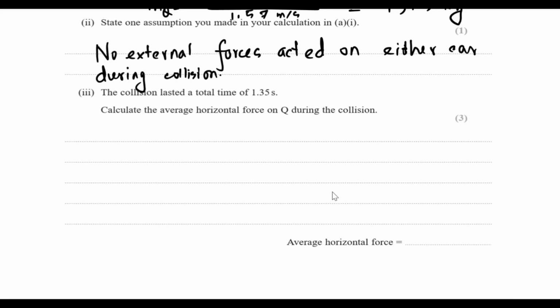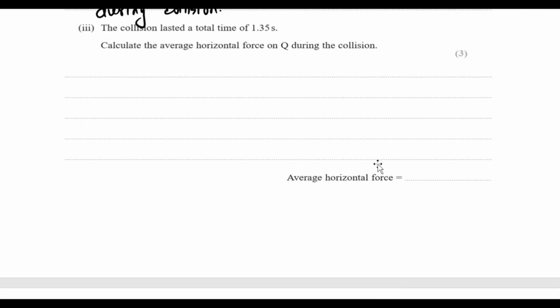Now the collision lasted a total time of 1.35 seconds. Calculate the average force on Q during the collision. So average force, we know force equals change in momentum by t.